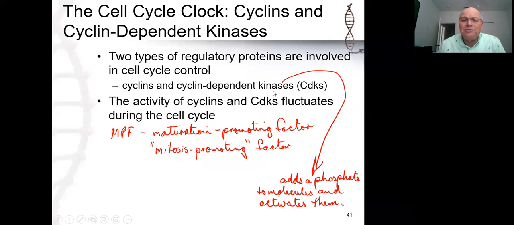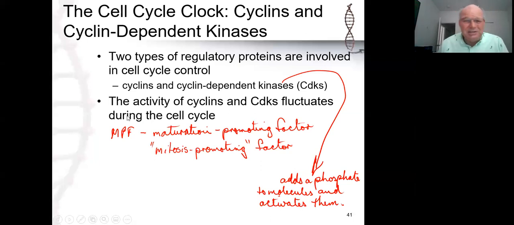But these kinases do not function independently. They're referred to as cyclin-dependent kinases, or CDKs, meaning they will only work in the presence of cyclin, or to be more specific, in the presence of their particular cyclin. Because it turns out that there are a series of these kinases and there are a series of cyclins, and each kinase is dependent on the presence of a particular cyclin.